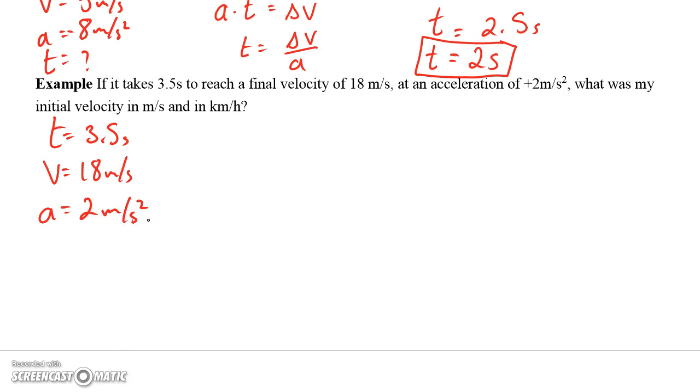What was my initial velocity in meters per second and kilometers an hour? So there's 2 answers to this problem, so we'll have to do a conversion, but we're looking for V naught. So we've got to start with our original equation. We're going to have to rearrange it for initial, so V naught. So I'll leave that and we'll take that up in class.